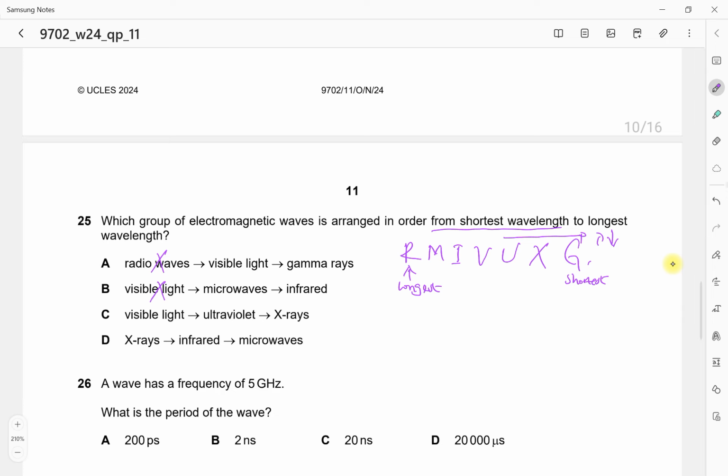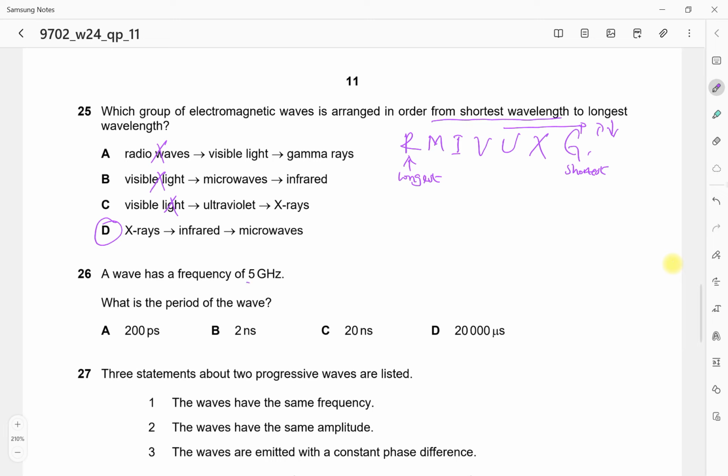Okay. Shortest to longest. So visible has a longer wavelength than ultraviolet. So this is also not correct because we are starting from shortest. So it would have been X-ray, ultraviolet, then visible. X-rays have a shorter wavelength than infrared. Infrared have a shorter wavelength than microwave. So the answer is D.